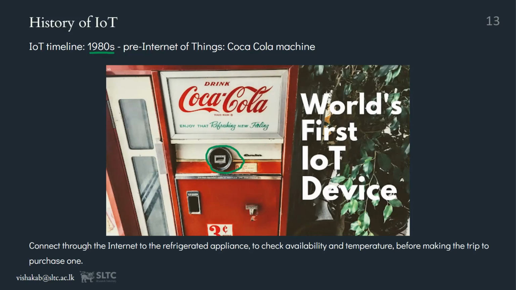So they were able to monitor the temperature, and they were able to monitor the availability of the Coca-Cola bottles or cans inside this machine. So this is considered as the first IoT application in the world.